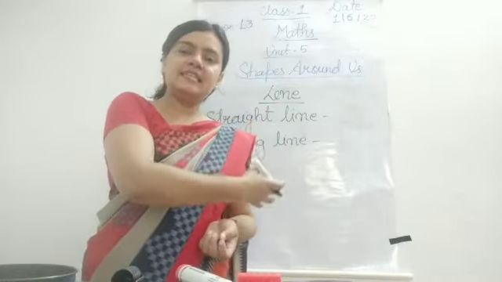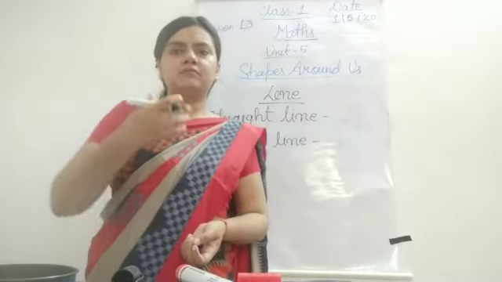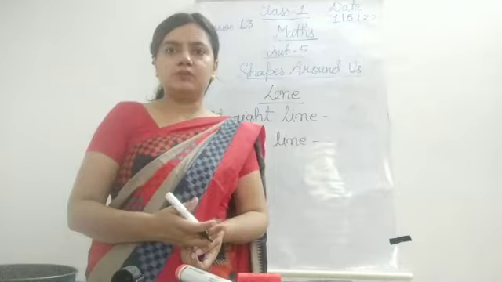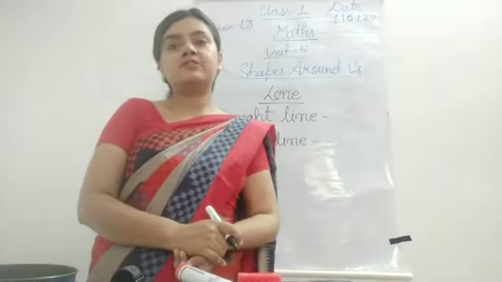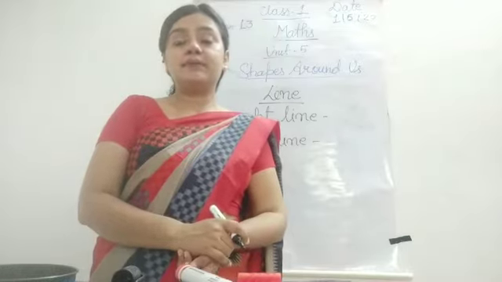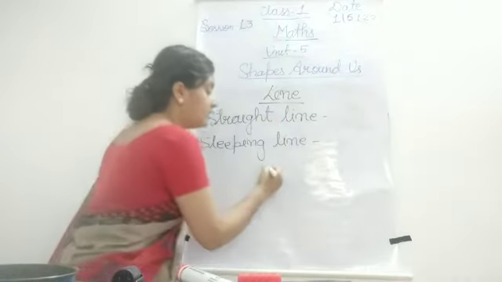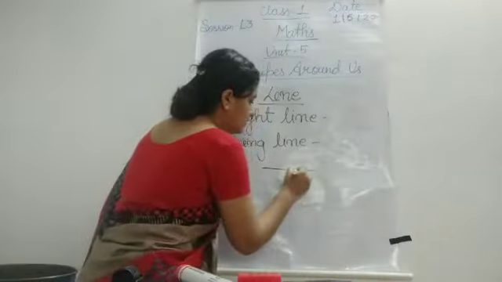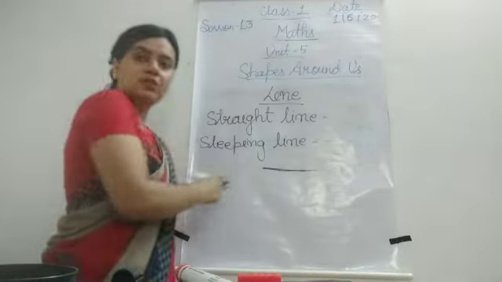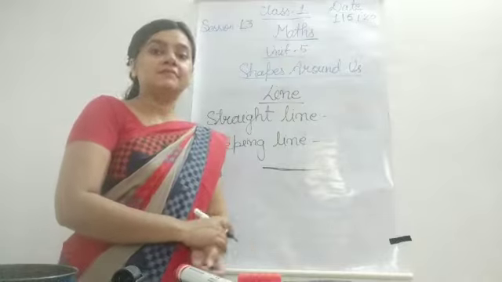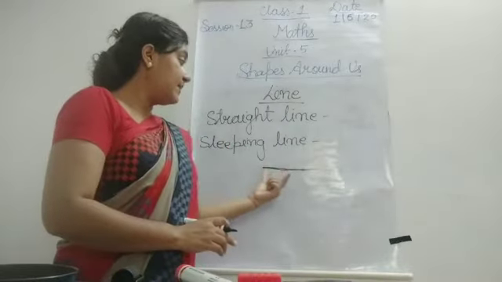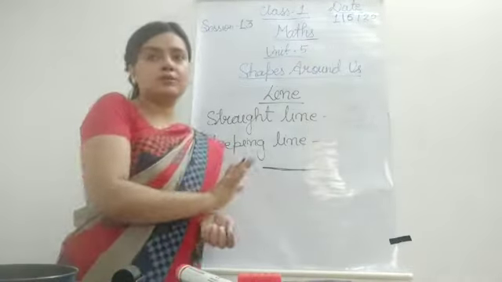Yes, these lines are that only. And one more example you can relate. Sleeping lines means how you are sleeping on your bed. Can you tell me how you are sleeping on your bed? Like this only, no? You are lying down. That's why sleeping. So these lines are also sleeping.